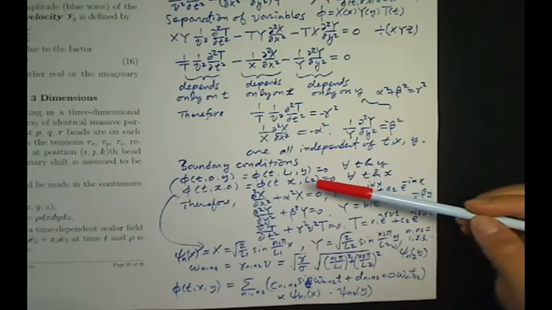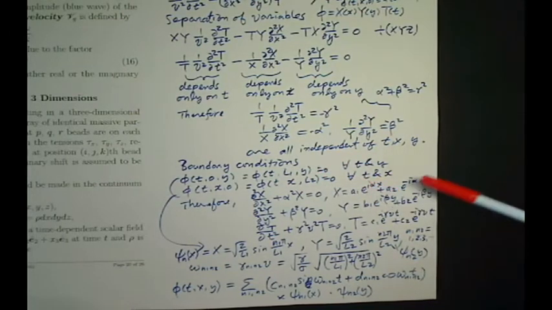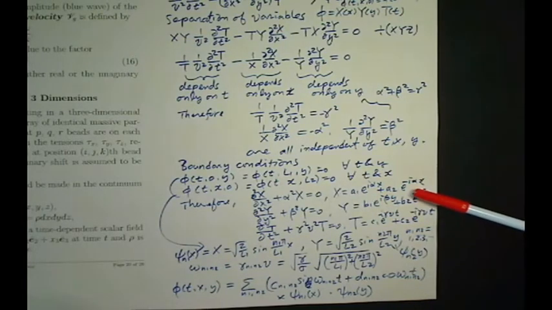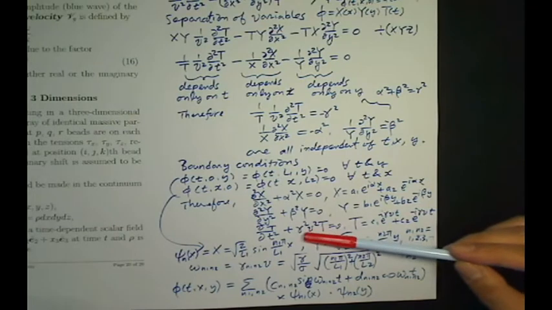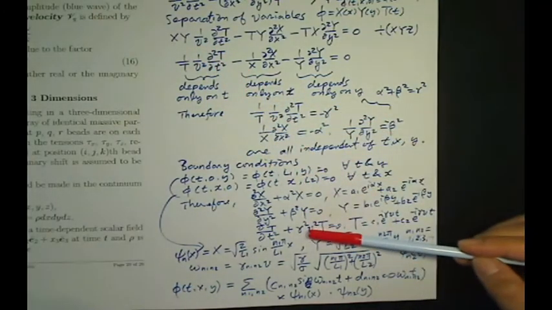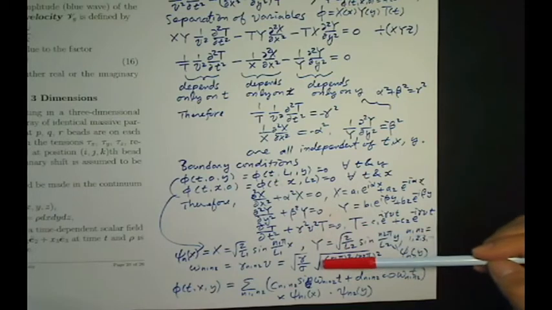Again, the boundary condition determines the wave numbers for x and y separately. In the case of the time-dependent piece, gamma is not the eigenvalue, but gamma squared v squared is, because of this v.